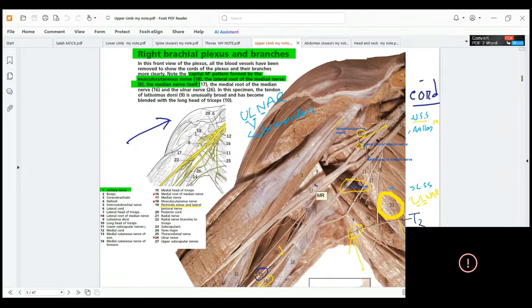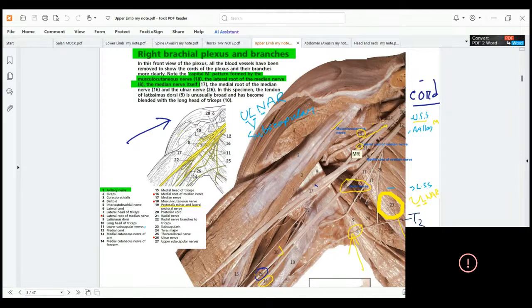Number 18, musculocutaneous nerve. Number 1, axillary nerve.